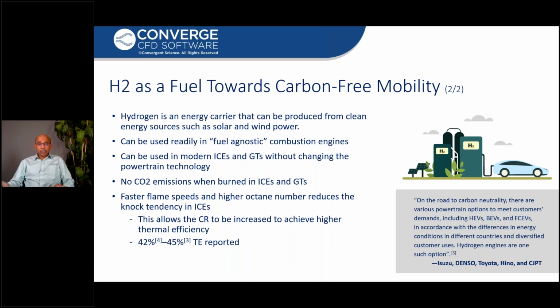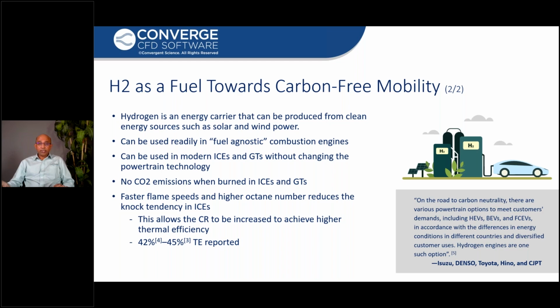As we know, when hydrogen is burned, you don't get carbon dioxide emissions. And if produced by renewable sources, hydrogen presents a green solution to transportation. One of the main constraints of increasing thermal efficiency in modern internal combustion engines is the compression ratio or knock limits.